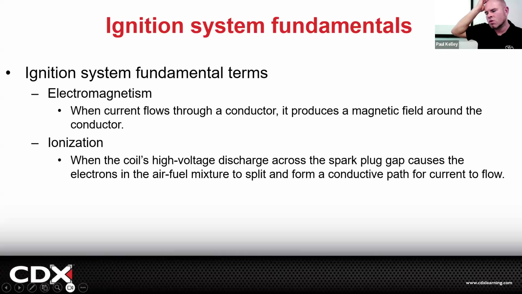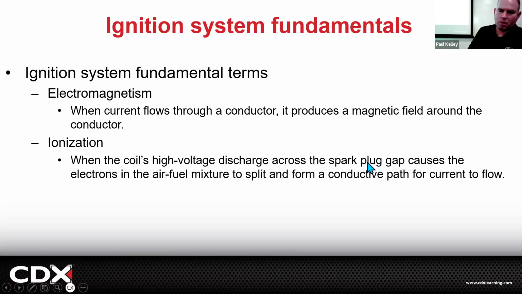So in general, when we flow current through, let's say, that primary conductor, it's going to create a magnetic field. And then there's ionization. That's when the coil's high voltage discharge across the spark gap causes the electrons in the air-fuel mixture to split and form a conductive path for current. What?